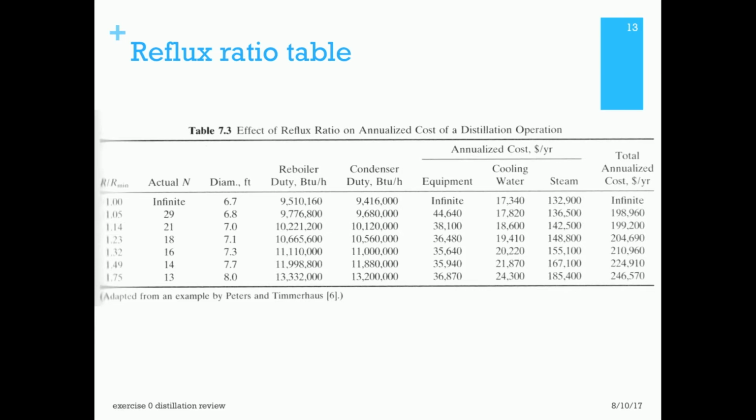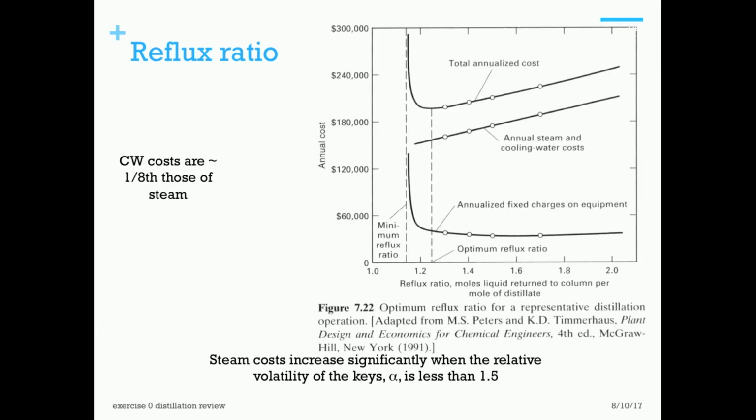And one of the things that we'll do when we're looking at the economics template is to look at how to do the balance. Here's an example of an annualized cost. The data from that table were plotted here versus the reflux ratio. So here's reflux ratio and here's the annualized cost.